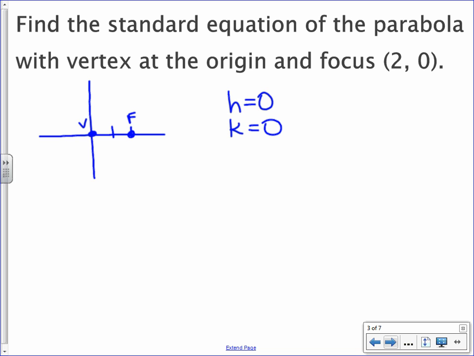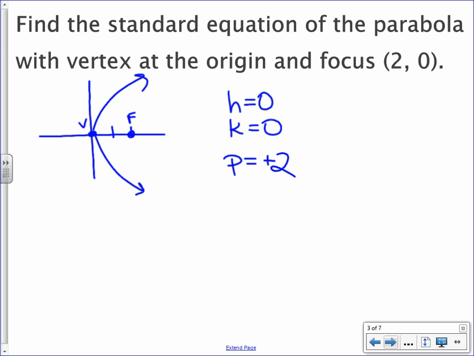If my vertex is here and my focus is to the right of it, what direction is this parabola opening? It's going to open to the right. Okay? So we know that p has to be positive because it's opening to the right. What else do we know about p? Why is it 2, Jonathan? Okay, our focus is 2 units away from our vertex, so p is 2.